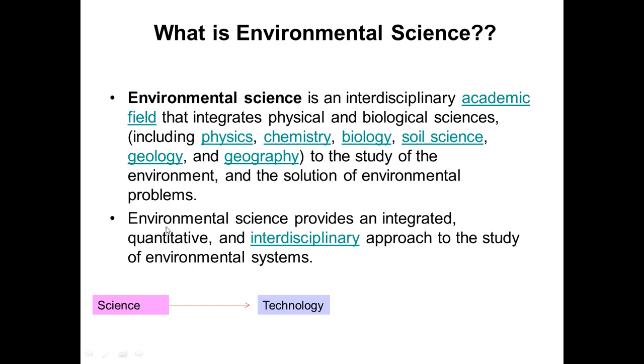Then in the second point, you can see environmental science provides an integrated, quantitative and interdisciplinary approach to the study of environmental systems. So if you have a knowledge of environmental science, then you can easily apply it to mitigate the problems caused by humans, or control the environmental problems.